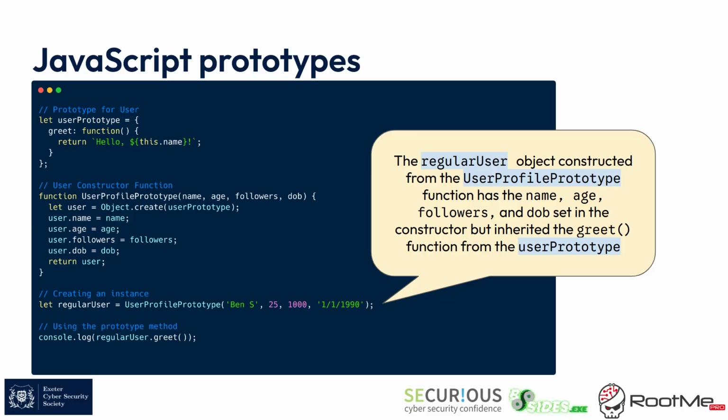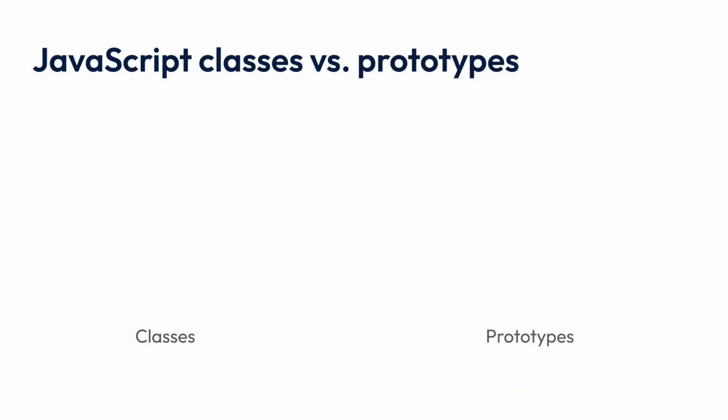The middle function there is a constructor function, and inside the constructor function, I've created an object using the user prototype, and that user prototype has a function called greet. But I can actually access the greet function directly on the regular user object because the function has been inherited through prototypes, the prototype chain. I will get into a bit more detail of how that works.